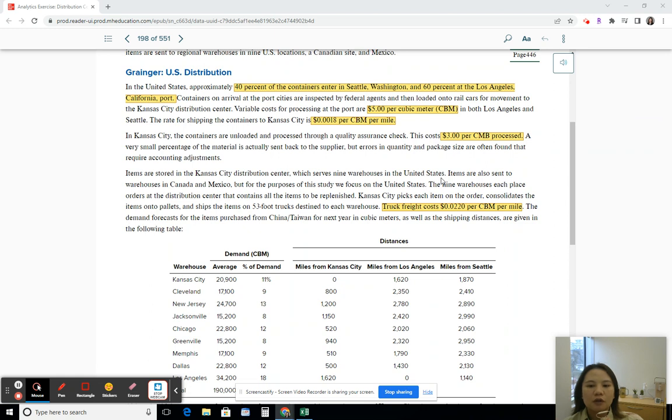The first part is the total cost in the DC, the distribution center.